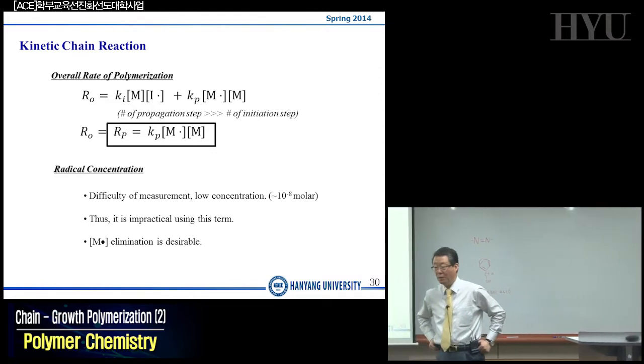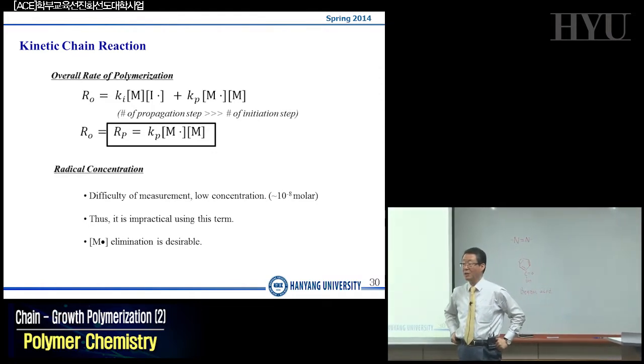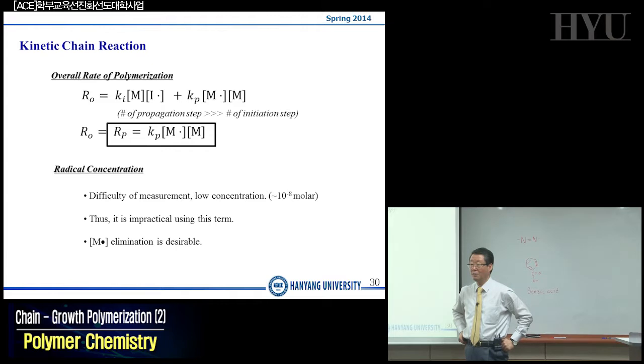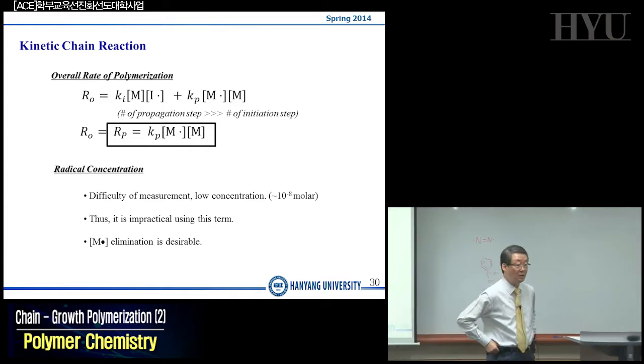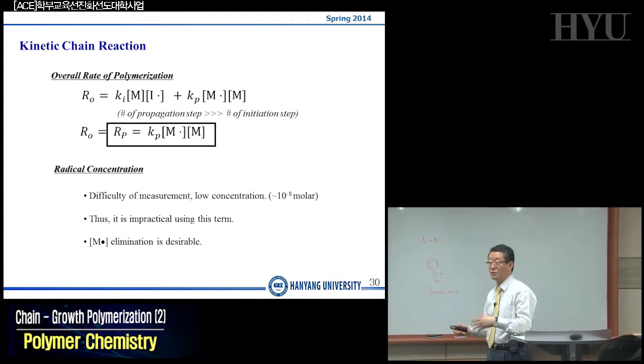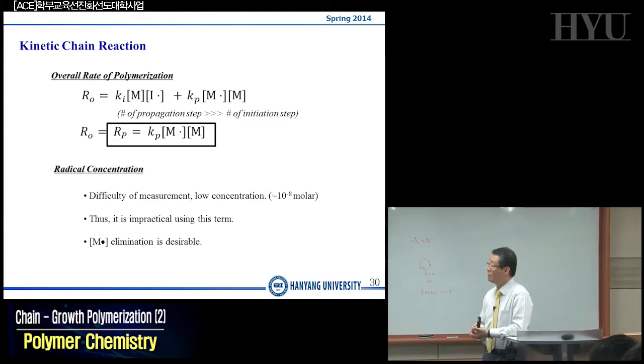Your question might be why we have derived Ri and Rt, because the overall reaction rate is determined by the propagation rate. Well, Rp is Kp times M dot and M. Kp is a constant, M is a known variable because we put this monomer in by our own intention.